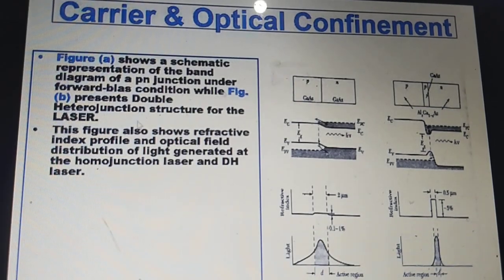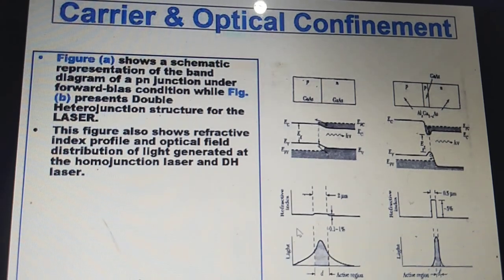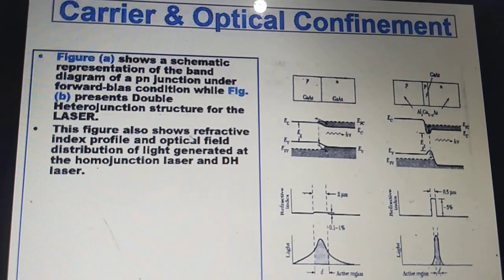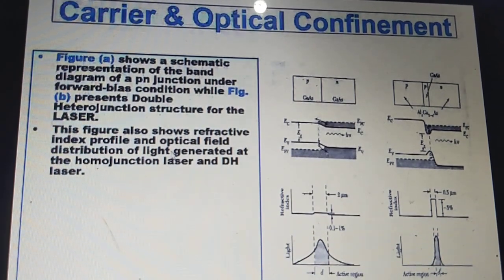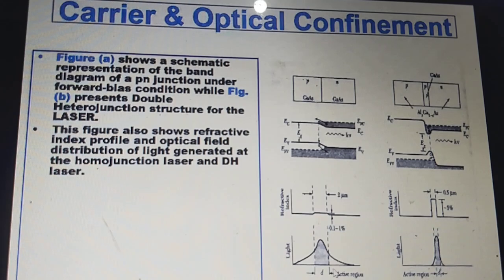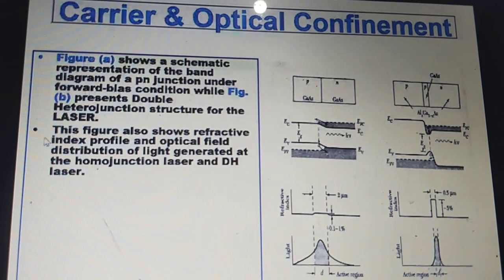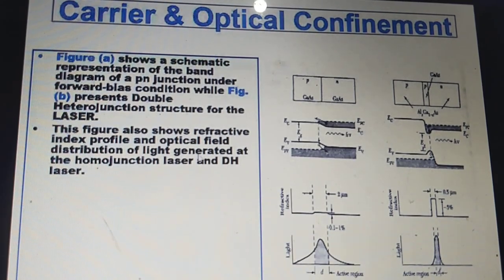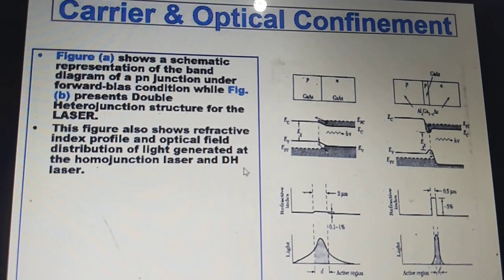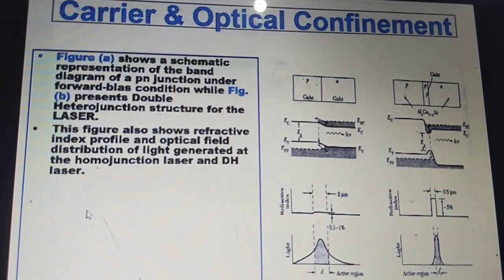This figure also shows the refractive index. See this one and this one. This shows us the refractive index profile, and the next one below that is the optical field distribution of light generated in the homojunction laser and double heterojunction laser.